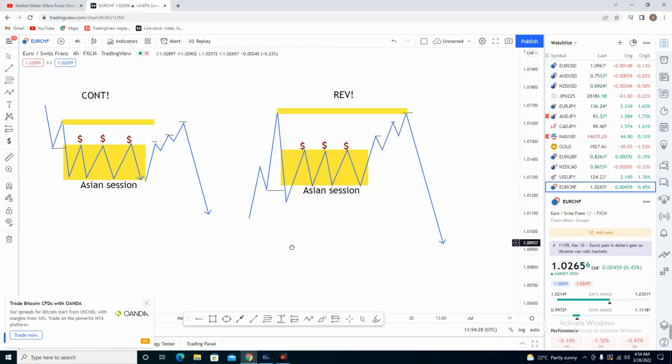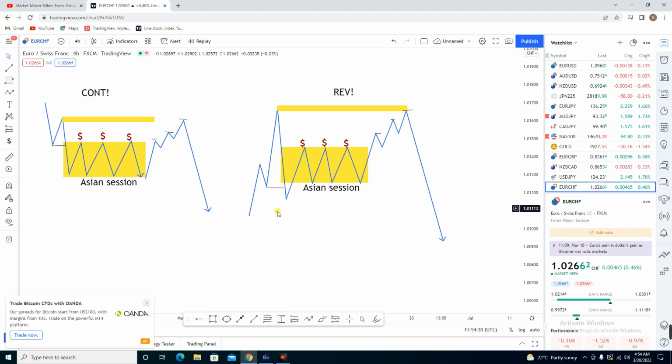We're going to start with the reversal pattern. When it comes to supply and demand, a reversal move is rally, base, drop. Rally, base, drop. As we can see, after this drop we had a break of structure.